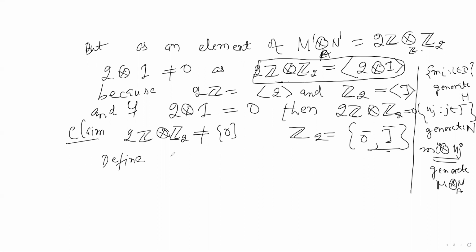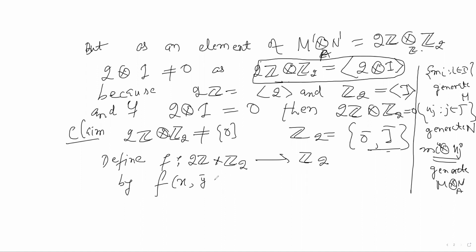So we define f from 2Z cross Z2 to Z2 by f of x comma y bar.